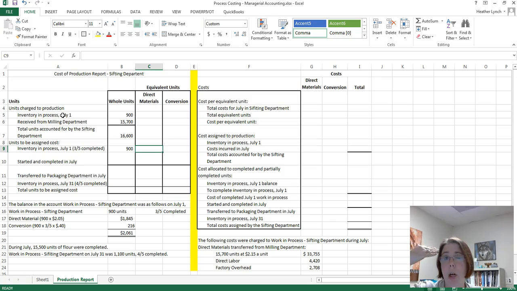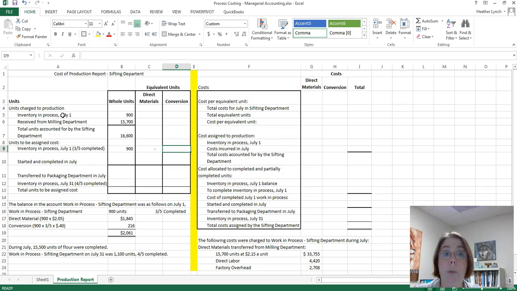Critically think about this: we can't sift anything without the actual product, so we're not going to have any direct material. If something doesn't quite make sense, like why would we have more direct materials added, that's thinking a little bit critically there.